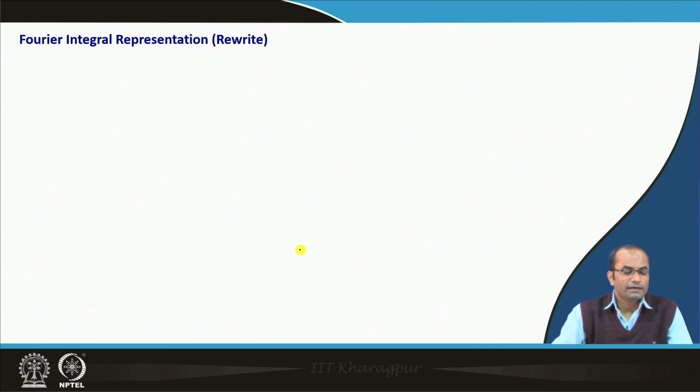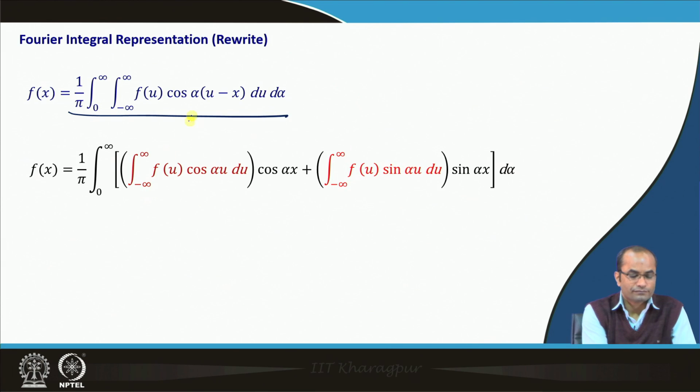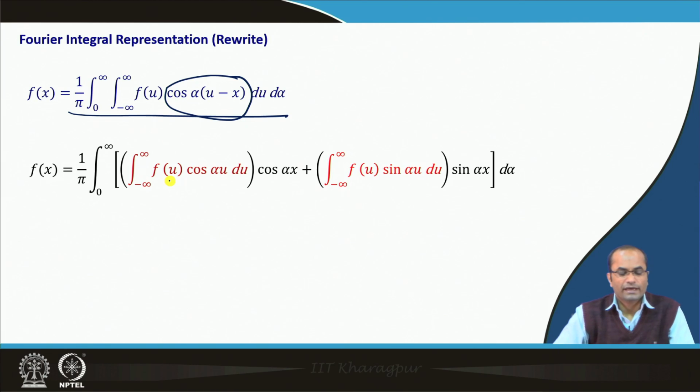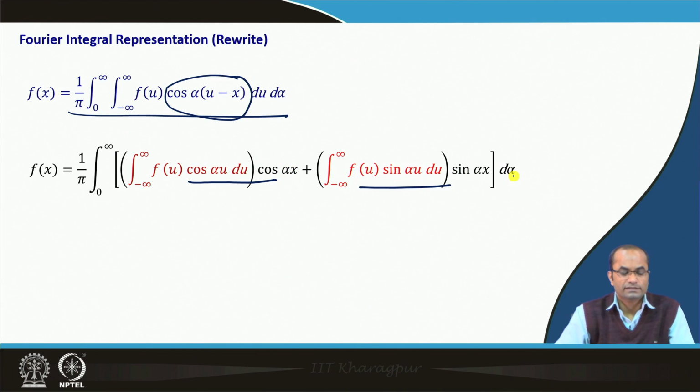So, now we can rewrite this integral representation in a slightly better form. This is the integral representation now, and again we can use the identity for cos of a minus b to have it in an expanded form. So, we have two terms, and so two integrals: the cos and cos, and then sine and sine, for this cos of a minus b.